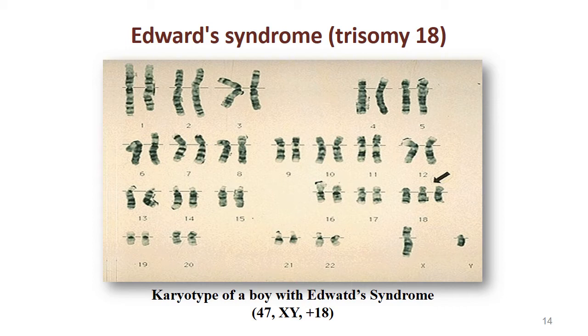The manifestations are that almost every organ system is affected. It happens in 1 per 10,000 live births. Children with full trisomy 18 generally do not live more than a few months.